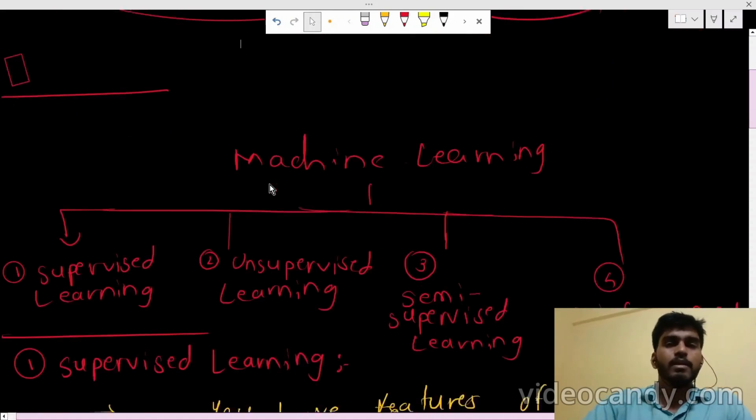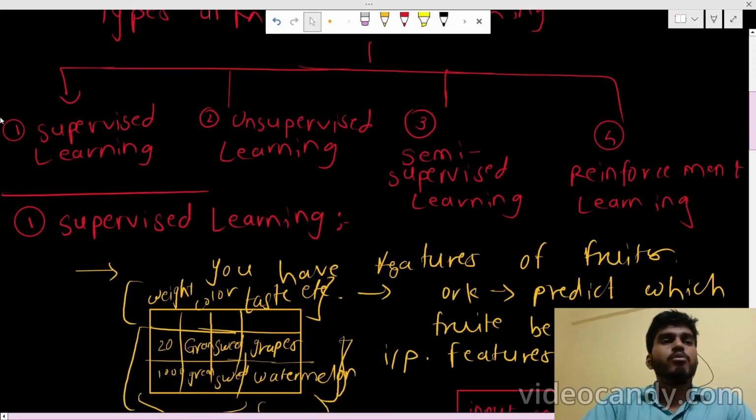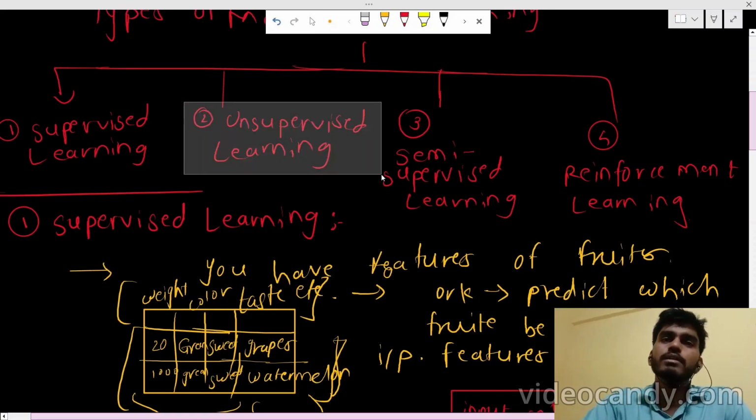Then we discussed the types of machine learning. Basically, there are four types: supervised, unsupervised, semi-supervised, and reinforcement. Semi-supervised learning is the technique where we have labeled plus unlabeled data. In unsupervised, we're just using input data, that is unlabeled data.